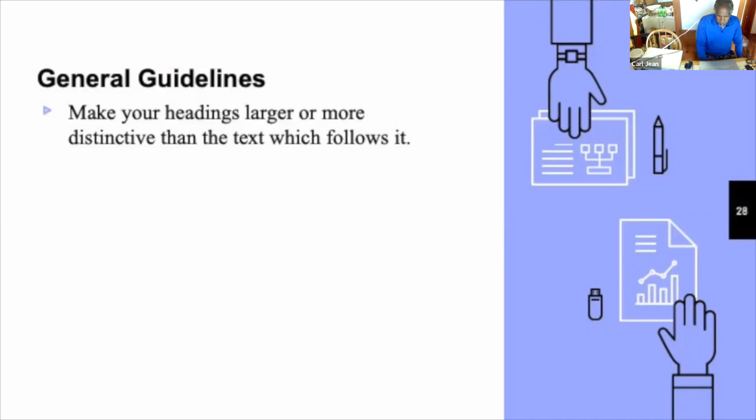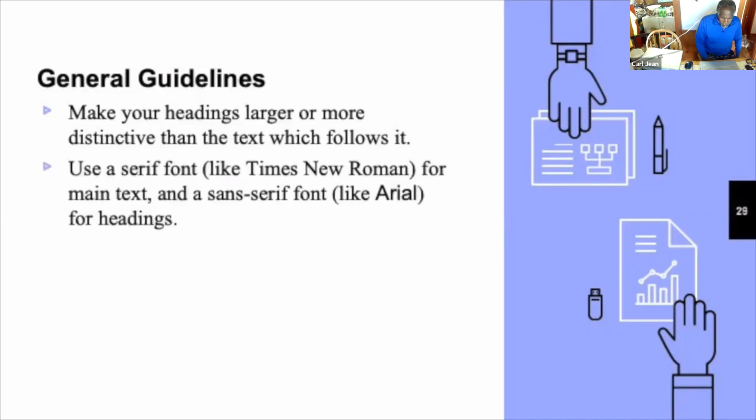But other guidelines are a little more specific and might not occur to you naturally. For example, many technical documents use what's called a serif font for the main text. Something like Times New Roman, for example. In other words, a font that has serifs, the little lines on the bottom of it. But then uses a sans serif font like Arial for headings.